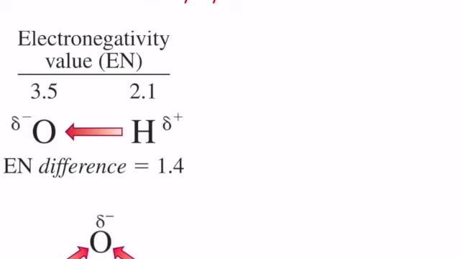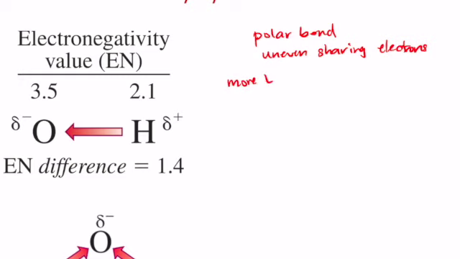When you have a polar bond, the electrons are unevenly shared. What happens is that the electrons are attracted to the more electronegative atom, which has the higher electronegativity value.